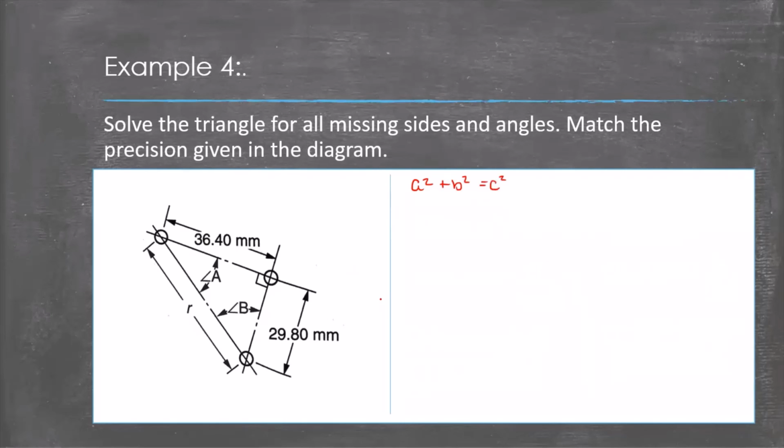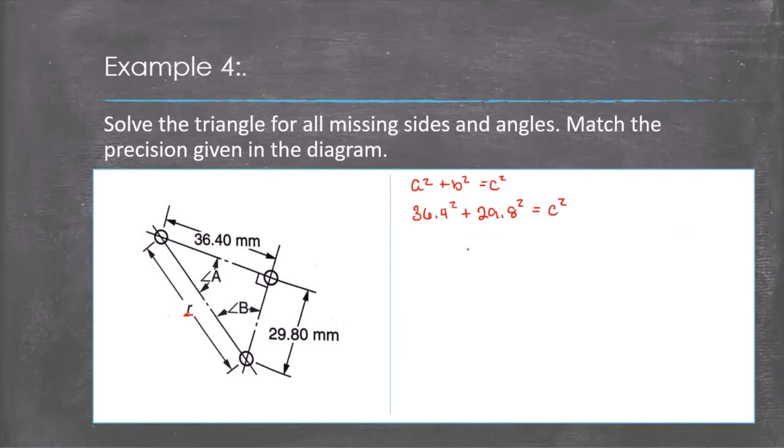A squared plus b squared equals c squared. And you've got your a and your b and your r. So a squared, doesn't matter which one we call it, 36.4 plus 29.8 is our c squared. Putting those two pieces together, you should be able to do this at this point.